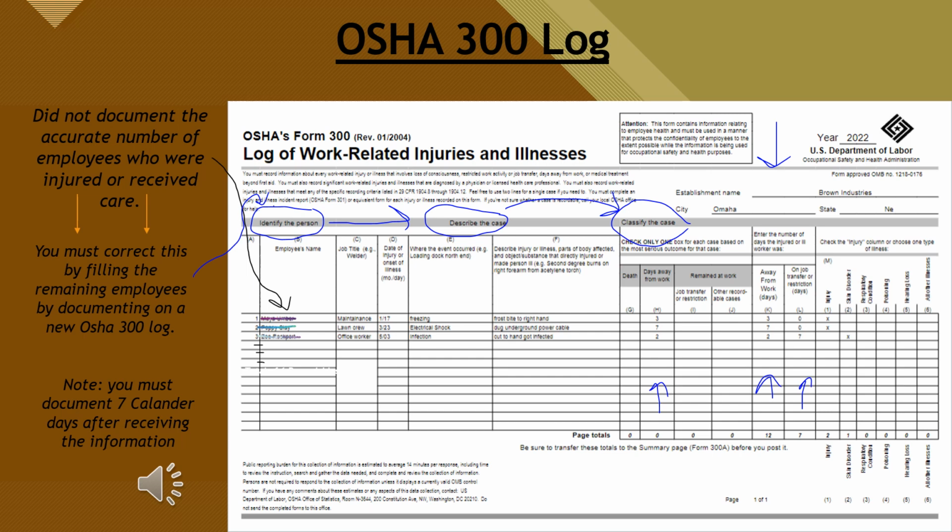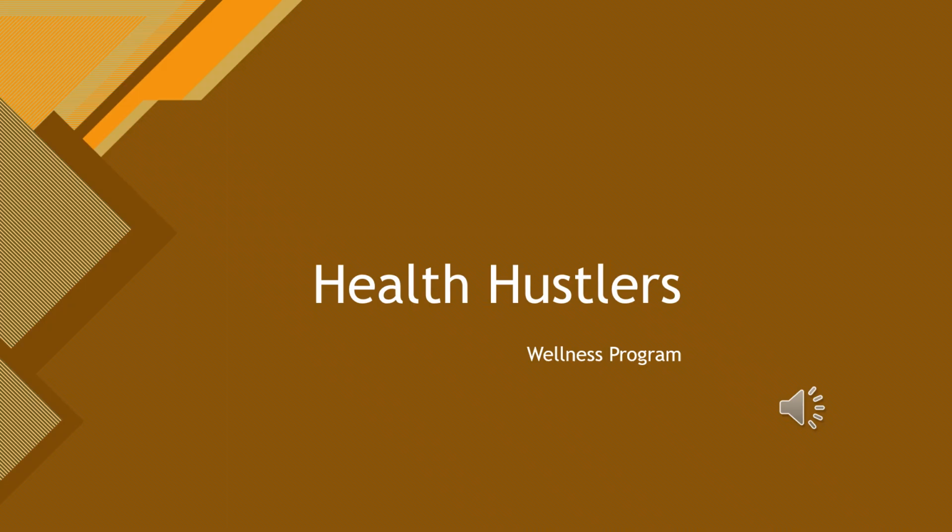And you must document after 7 calendar days after receiving the information. So overall, there is some work that needs to be done in implementing an entirely new documentation process for the Brown industry.